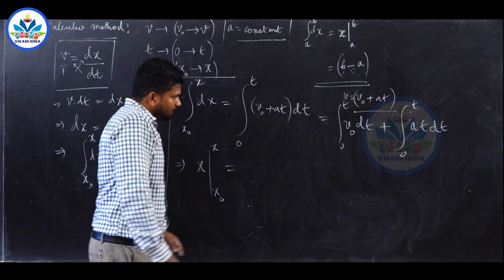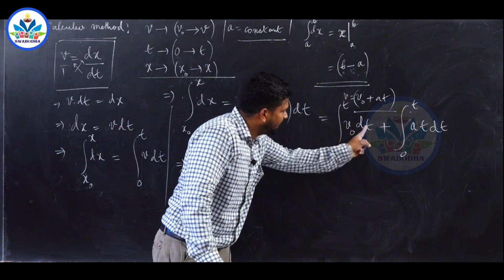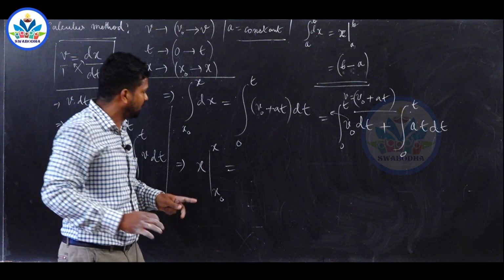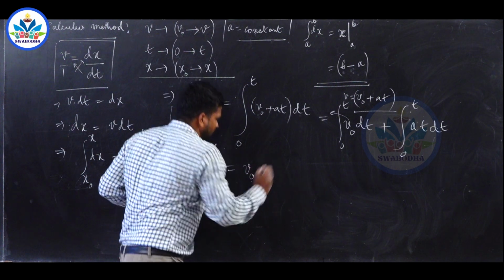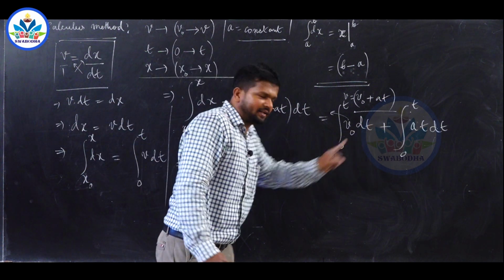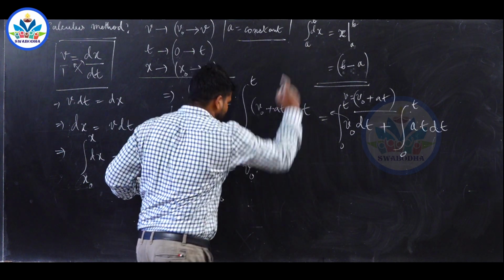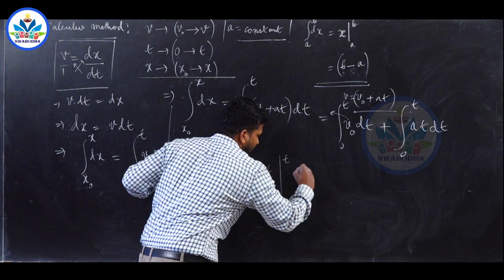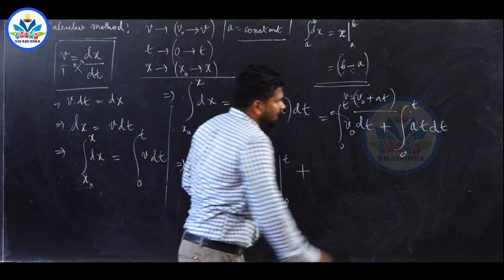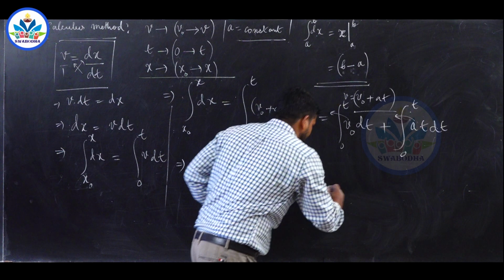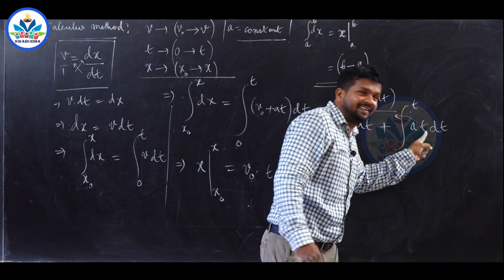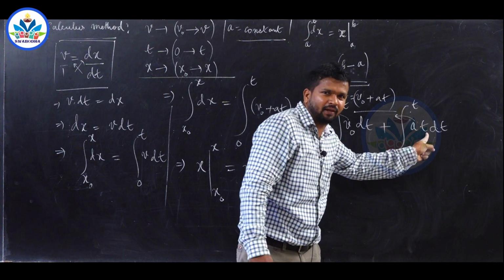Fine. Now integration of v naught dt. V naught is constant, no doubt it comes outside. You all know initial velocity is constant, therefore v naught comes outside. Integration of dt is t between the limits 0 to t plus, here acceleration is constant, that comes outside. Don't bring t outside because t is a variable.